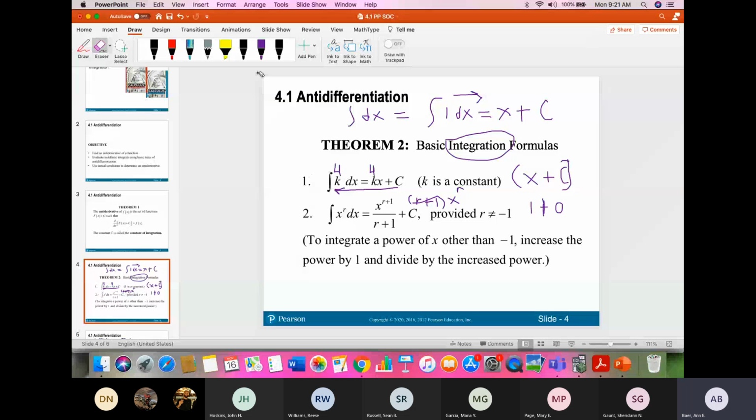If r is equal to -1, we just sneak in a -1 there for r. -1 plus 1 is 0, and division by 0 is undefined. That's why r cannot be equal to -1. When r is equal to -1, there is a different rule that applies. Okay, any questions so far?